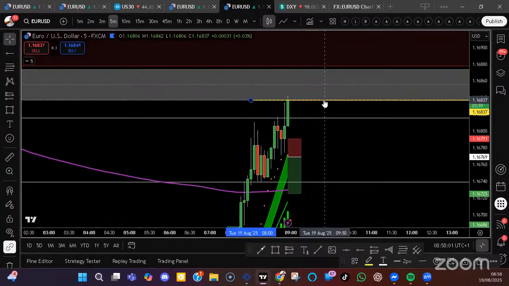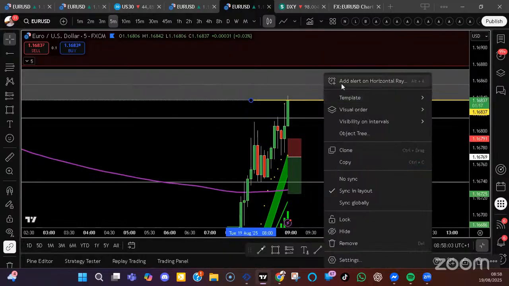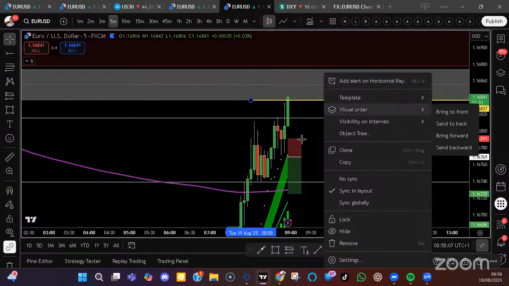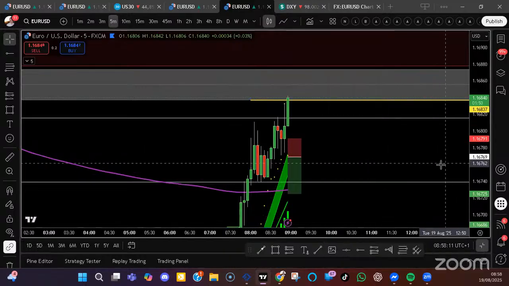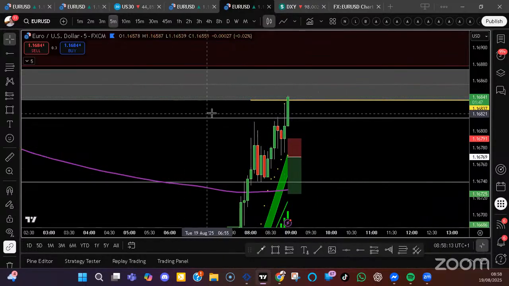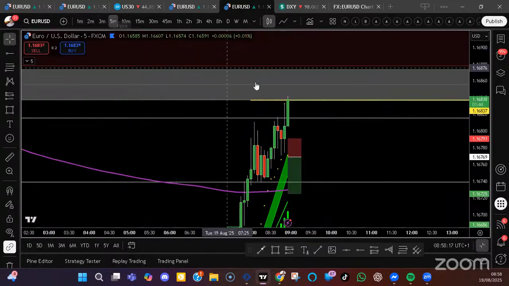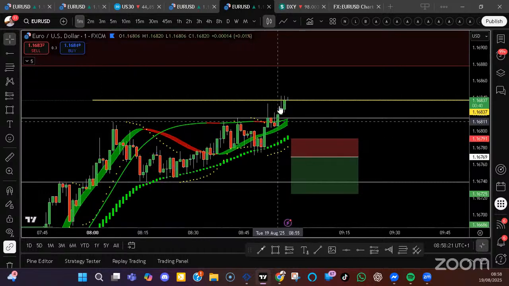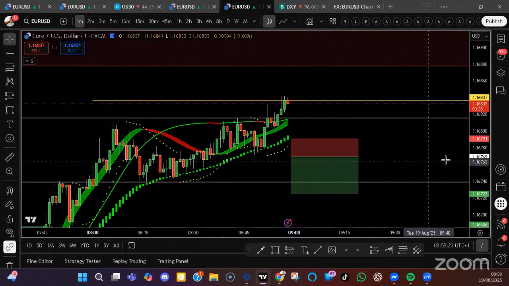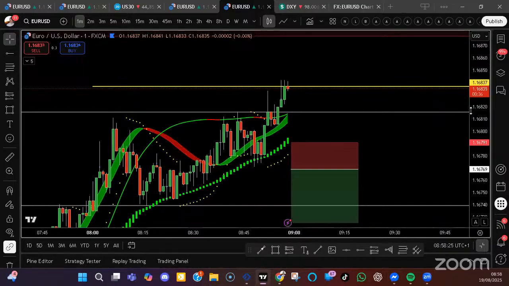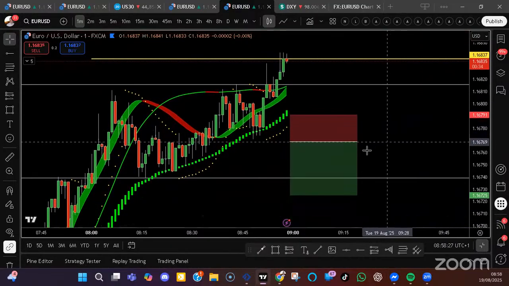And what you do is you right click and you can add an alert. So a little pop-up will come up on your screen or even an email to let you know the price has been into one of these zones. So therefore you go back. So now you know to take the next sell because you've been into the sell zone and you've got more confluence of a sell.